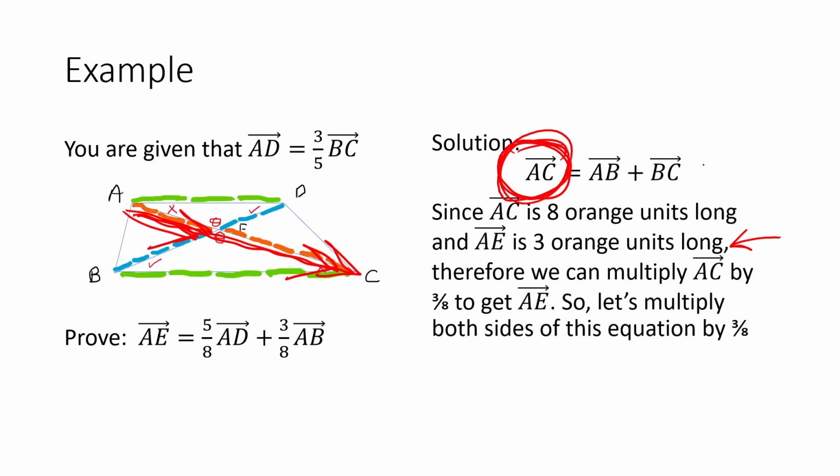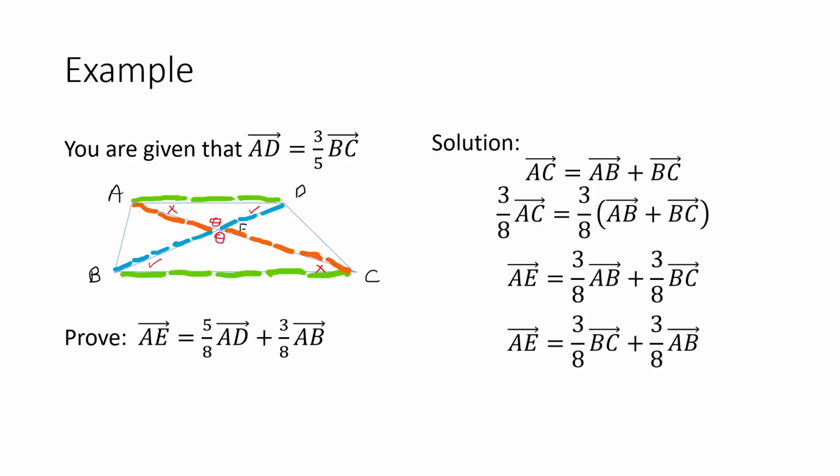So because it's an equation, we have to multiply everything by 3/8. And so that's what we do. Starting with this thing that I've now totally over-explained, we multiply both sides by that 3/8. We re-express 3/8 AC as AE because if that's 8 units long and that's 3 units long, it's 3/8 of it. And now we have 3/8 of AB plus 3/8 of BC.